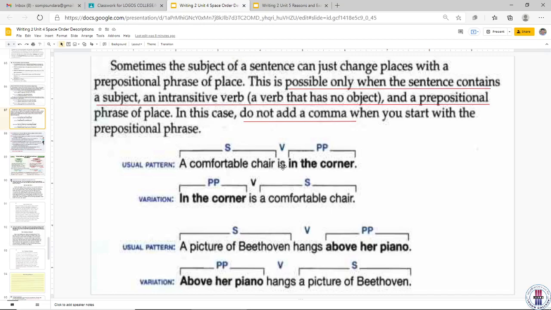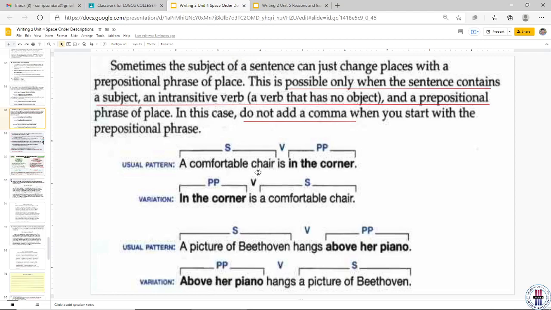It describes what action is taken. Let's say, I played basketball. All right. What did you play? Basketball is your object. So is usually an intransitive verb because it really doesn't exert action. It's not an action verb.